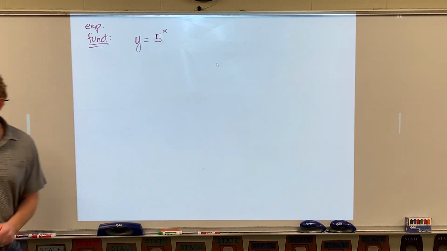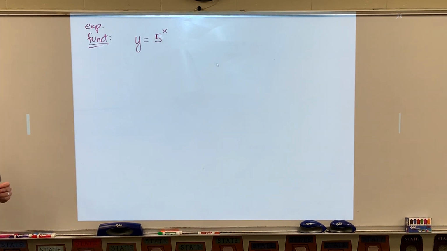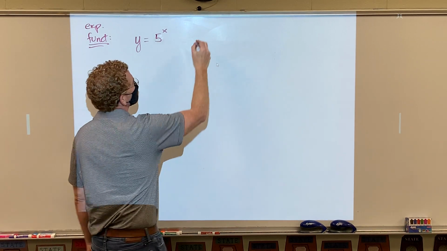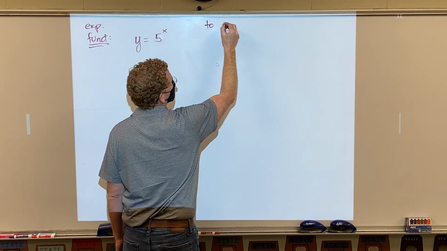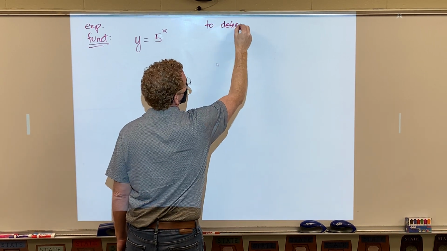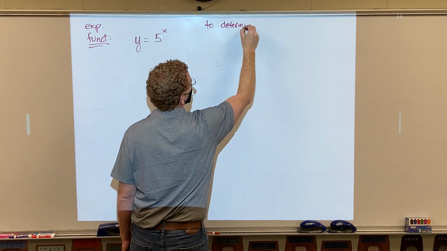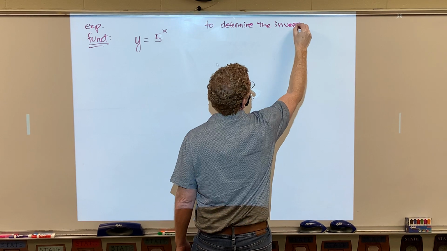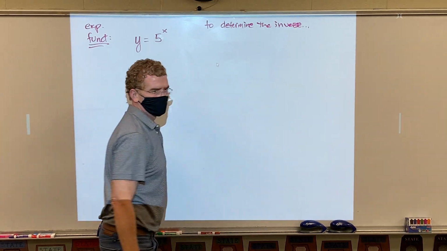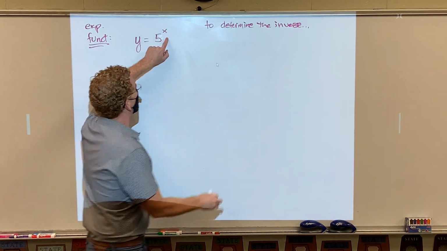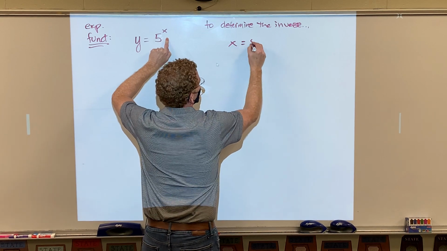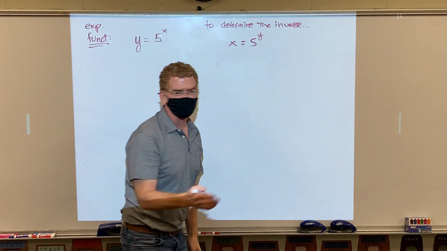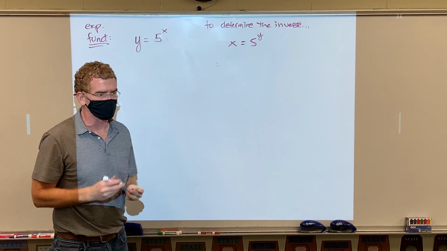What did we do to find an inverse? Do you remember? We switched the x and the y, and then we resolved. The resolving is just to make it look pretty. Technically, that's the inverse.